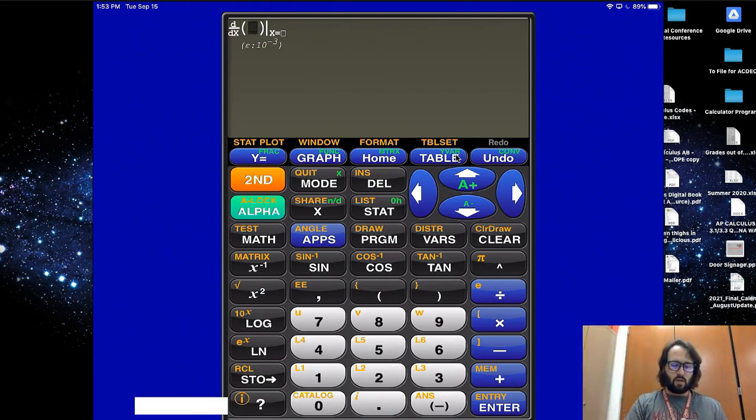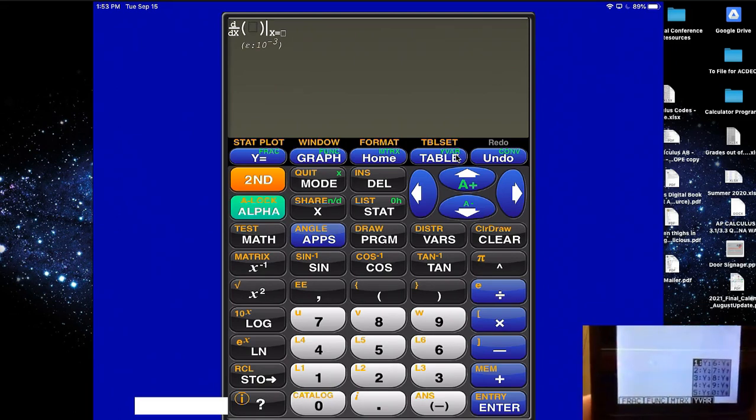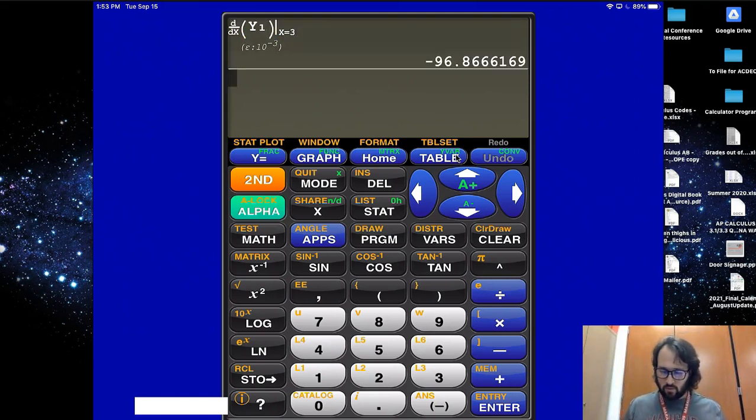When I choose that option on these calculators, it brings up something like that. I can choose my variables, and all that is doing is choosing your equation. So if I choose my y variable, I want to choose that equation. I want to evaluate it when x is equal to 3.